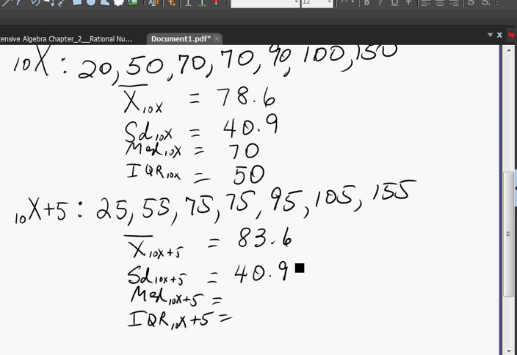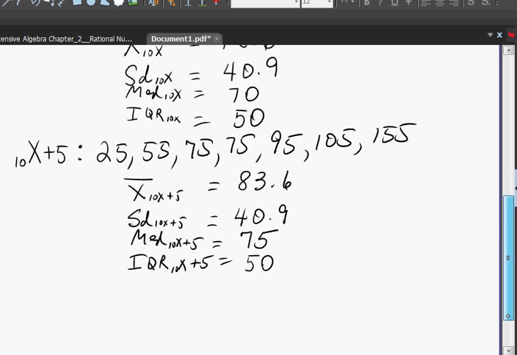How does it relate to the previous standard deviation? Unchanged. New median, 75. How does it relate to the previous one? Plus 5. What's my new IQR going to be? 50. How does it relate? The same.